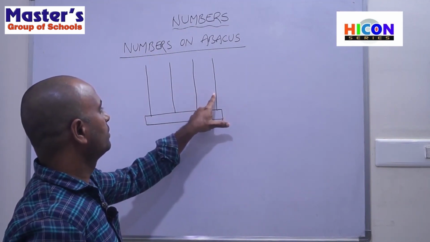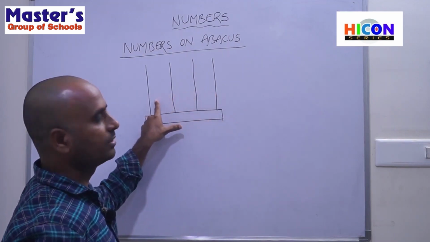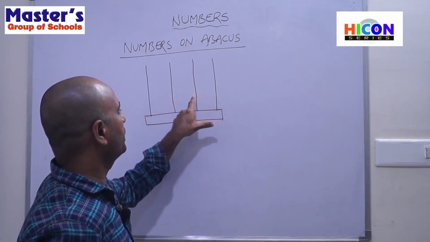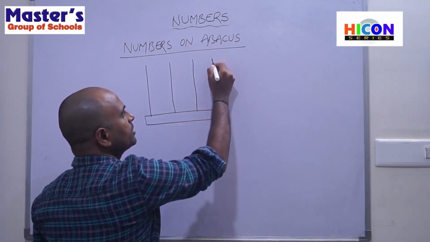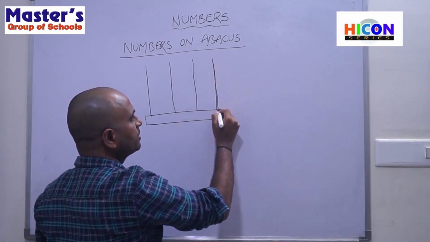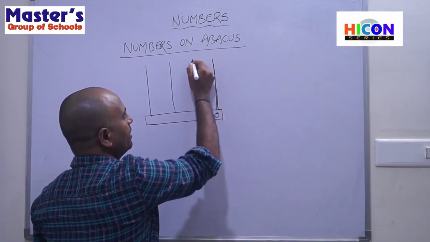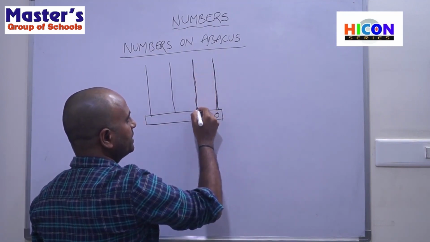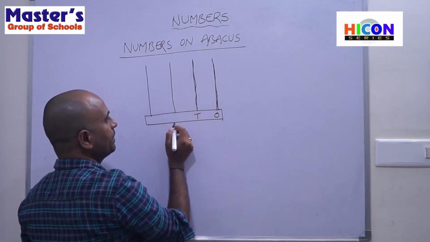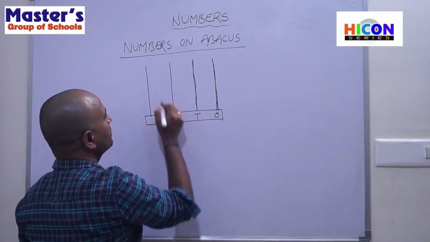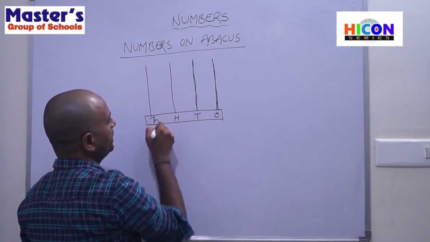So this is first rod, second and third and fourth. So each stick represents one place. Here the first stick represents ones place, and the second stick represents tens place, and the third stick represents hundreds place, and fourth stick represents thousands place.